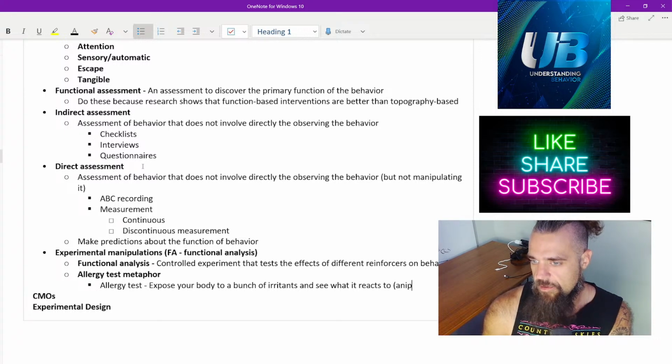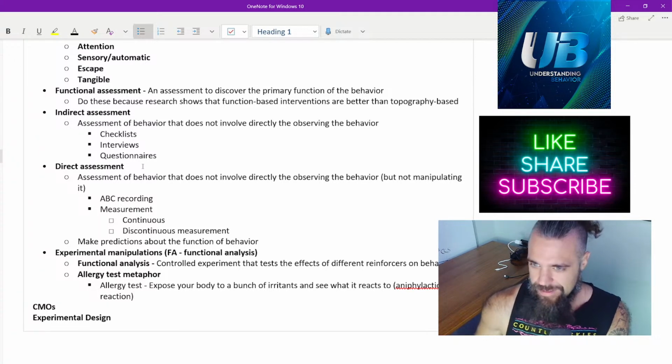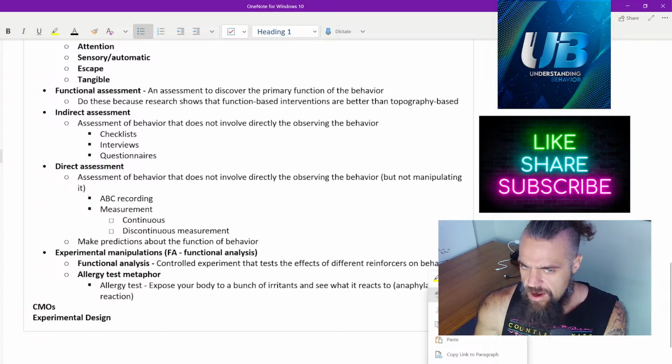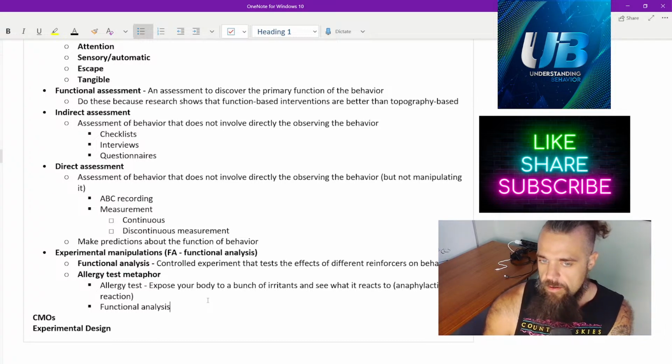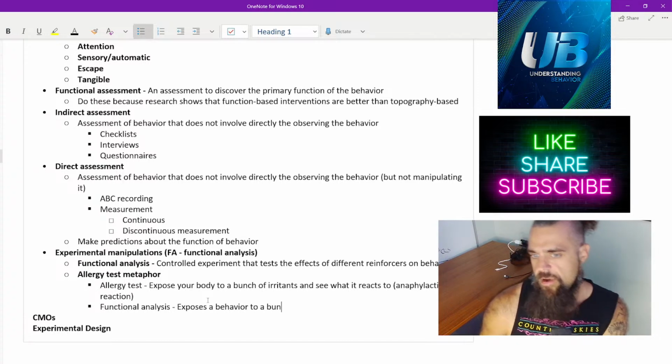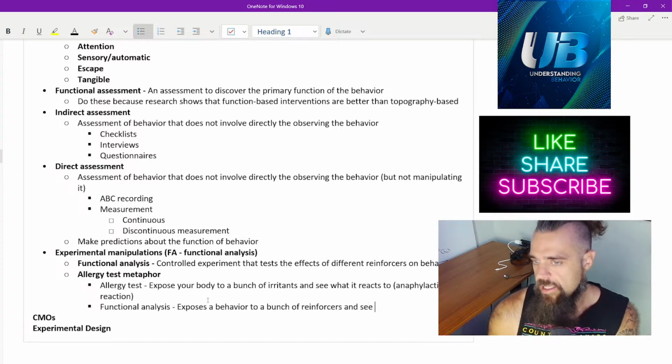So we have that anaphylactic reaction. In a functional analysis, it's very similar. We are exposing a behavior to a bunch of irritants, or reinforcers, and seeing what the behavior reacts to.